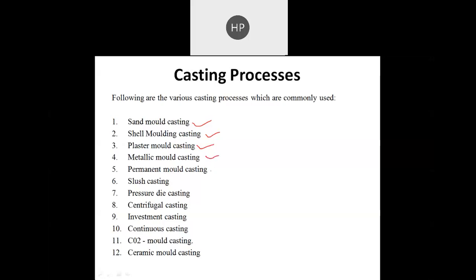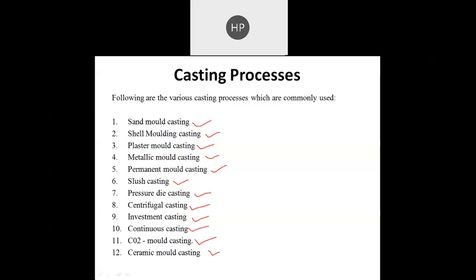In that one, we have permanent mold casting, slush casting, pressure casting. Then we have centrifugal casting, investment casting, continuous casting, CO2 mold casting, and ceramic mold casting. Okay, so these are some of the commonly used casting processes.